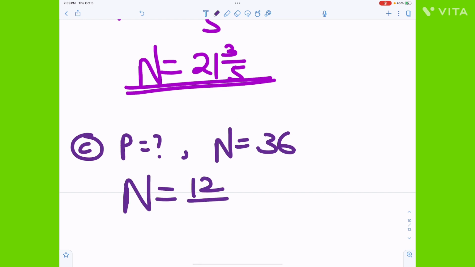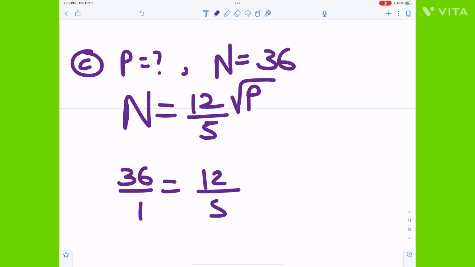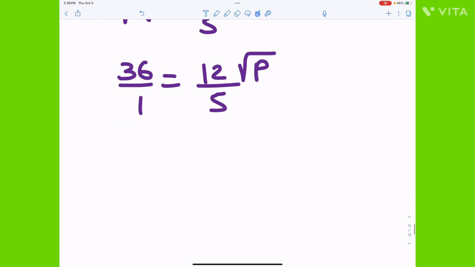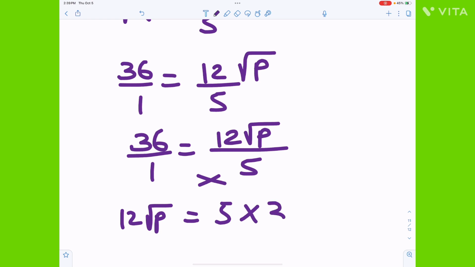N is equal to 12 over 5 root P. So we now want P when n is 36. So that means 36 over 1 is equal to 12 over 5 root P. Let's simplify this very correctly. This will give us 36 over 1 is 12 root P all over 5. We now cross multiply. So 12 root P will be equal to 5 times 36.